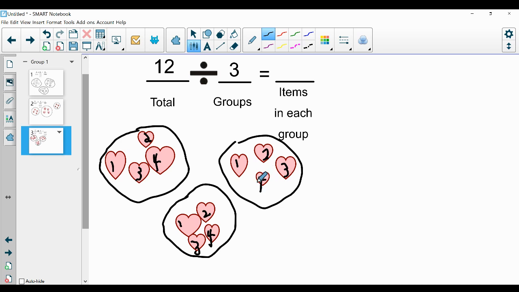So I have 4 in each group. I have the same number in each group. So I have 4 items in each grocery bag. Okay, so 12 divided by 3 equals 4. I hope that helps you understand the difference between groups and items in each group.